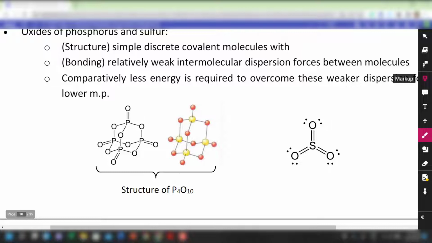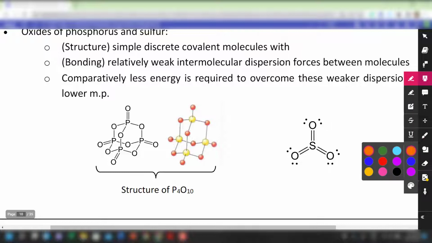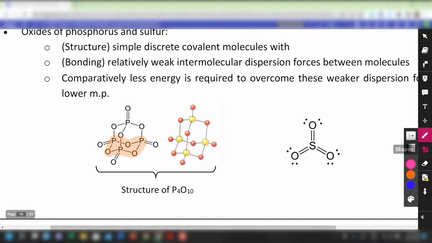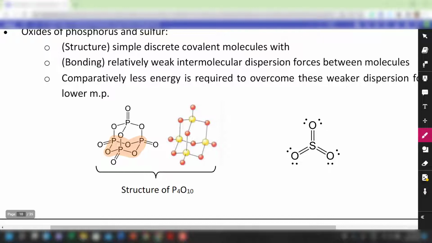Then right in the middle, you notice something like a chair-like conformation. If you are taking H3, you'll be familiar with what I'm talking about. There isn't really a need for you to memorize the structure of P4O10, but when the exam requires, the question may require you to derive it from first principles.